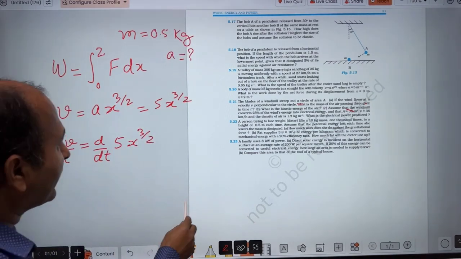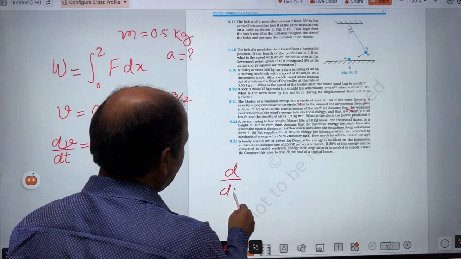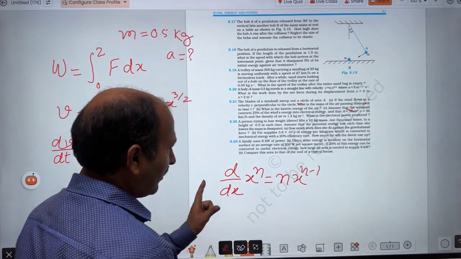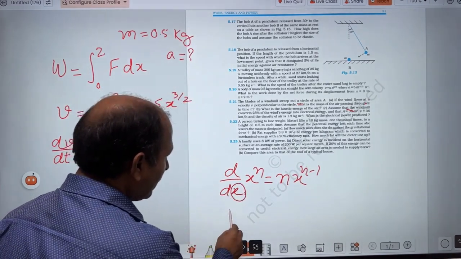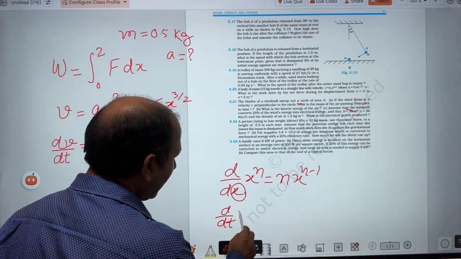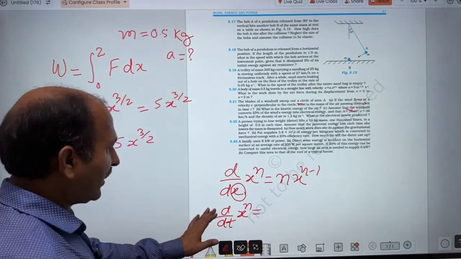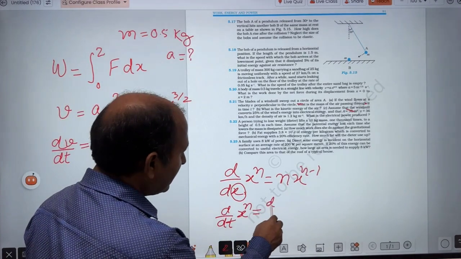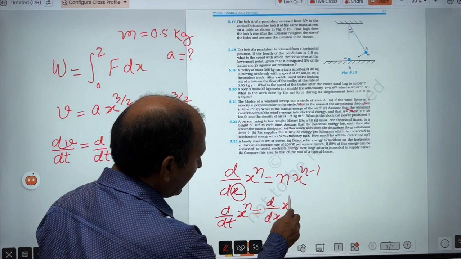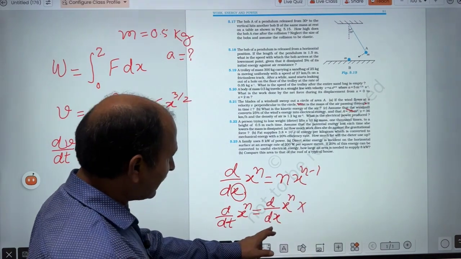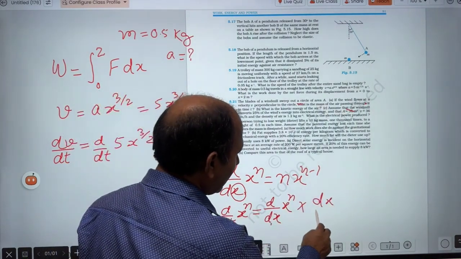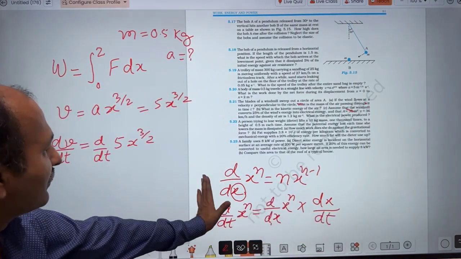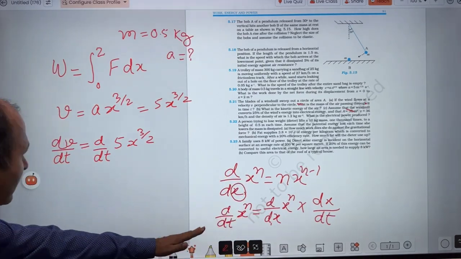I told you one thing, that d upon dx of x power n is n x power n minus 1, no problem. But if you write here d upon dt of x power n, then differentiation is not possible unless there is x. So you can do one thing, write here d upon dx of x power n, and then to cancel this you can write here dx and this dt over here. So this concept you can apply to differentiate this type of thing.